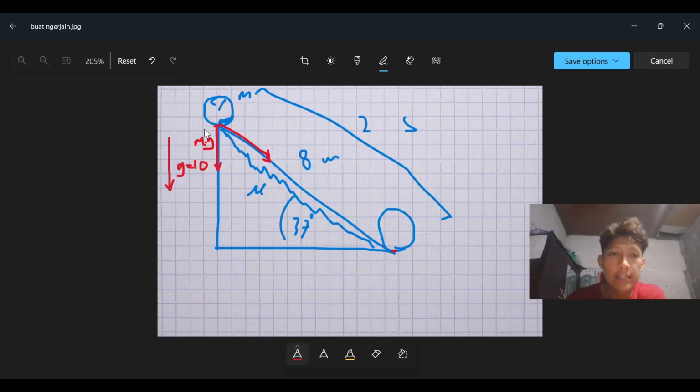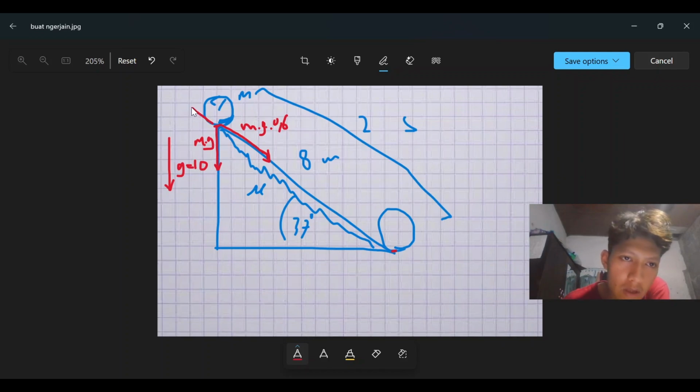What force does this rigid body receive? It would be mass times gravity times sine of 37, where sine of 37 is 0.6. And because there's a force to the bottom and there's friction around here, there would be a perpendicular force.